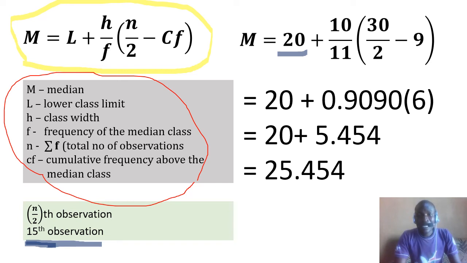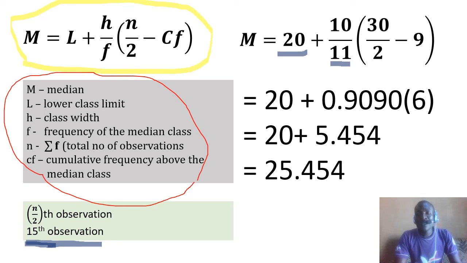Now the next thing is h. We have explained previously that h is the class height. The class height, that is 10. Now look at our class 20 to 30. What is the frequency there? The frequency is 11. That is why we have indicated 11. Our formula also says, open the bracket, and then n over 2.